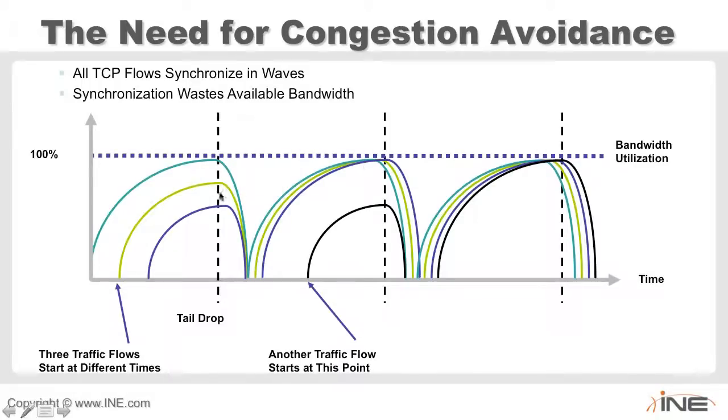Now, why are they dropping back off? We see this tail drop occur right here, and actually at each of these three intervals. Because once they burst up, they're greedy, they burst up, they hit the top. As soon as they hit the top, the buffer is full, it can't hold anymore, and so it drops the rest of the traffic. And every time it drops that, the TCP flow basically stops and has to retransmit.